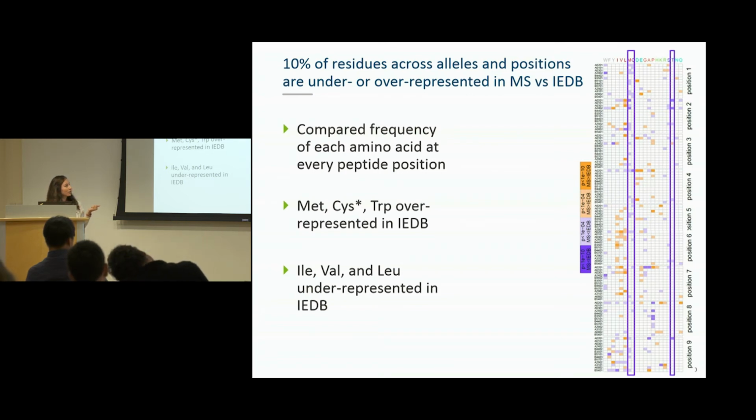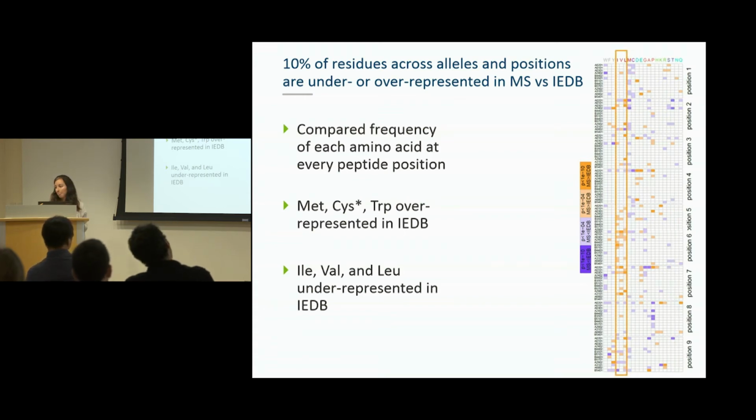And then the orange colored cells will be enriched in our mass spectrometry data set. Some particular examples include methionine and cysteine, which were overrepresented in IEDB, and part of this has to do with how we sequence the peptides out of the mass spectrometer, and we can account for that later on. And then isoleucine and valine, for example, are overrepresented in the mass spec data.